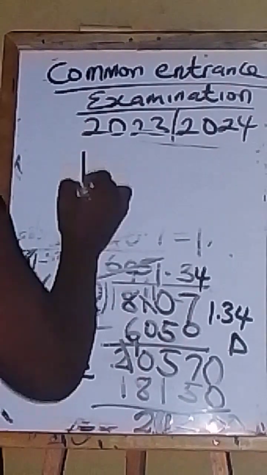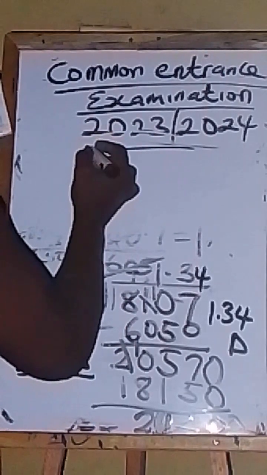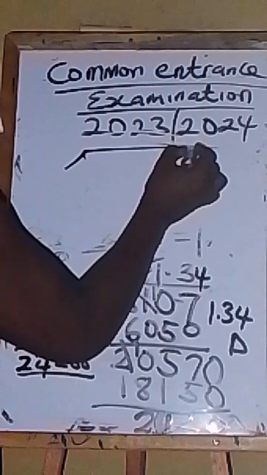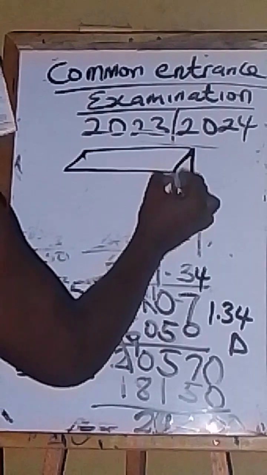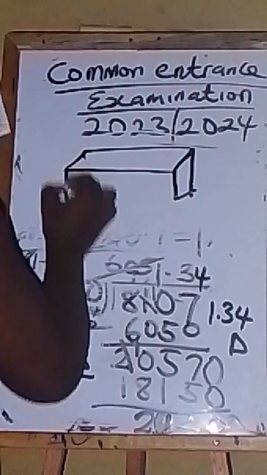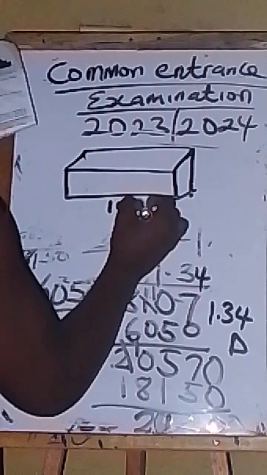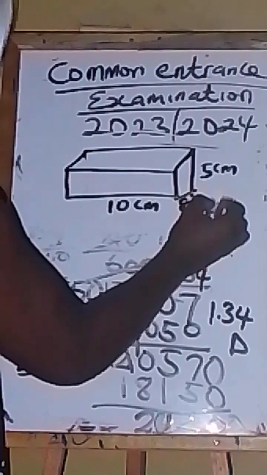So I want us to move on. So we have a cuboid. This is 10 centimeter, 5 centimeter, 8 centimeter.